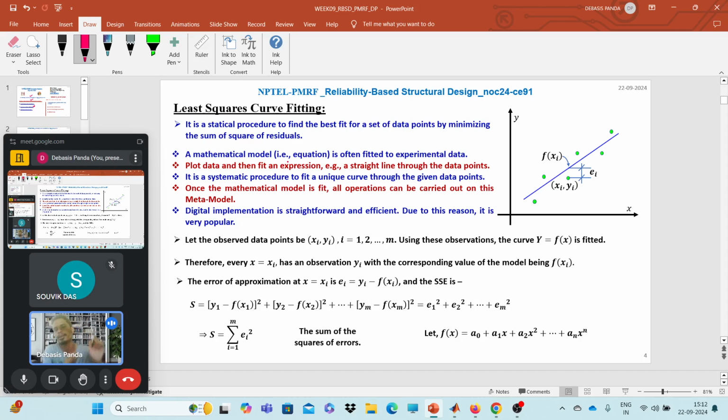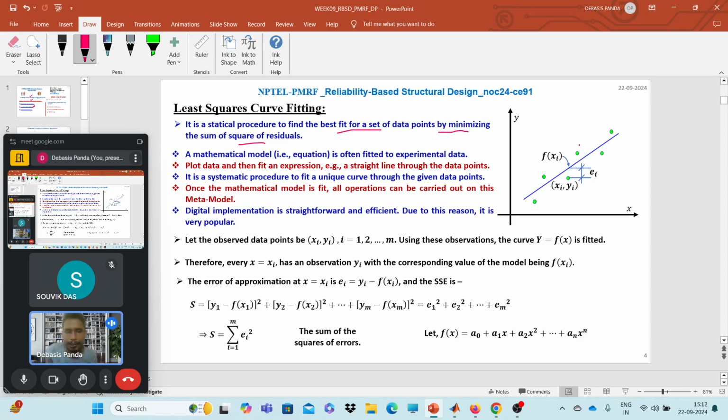What does the least square curve fitting method tell us? It is a statistical procedure to find the best fit for the data points. If we have some observed data, we can find the best fit using this method. The basic principle is that it minimizes the sum of squares of the residual, the error between the observed value and the proposed value.